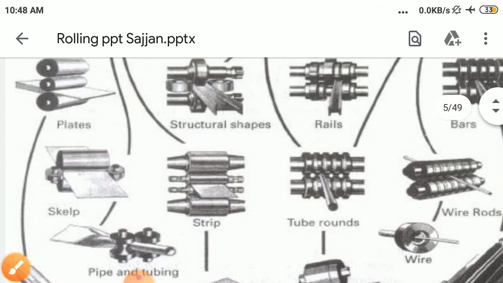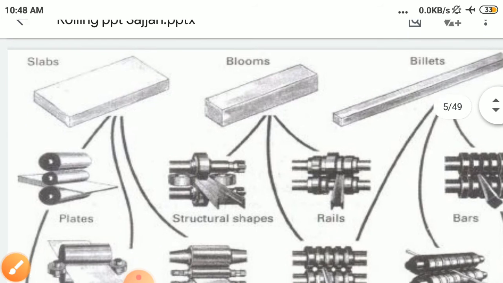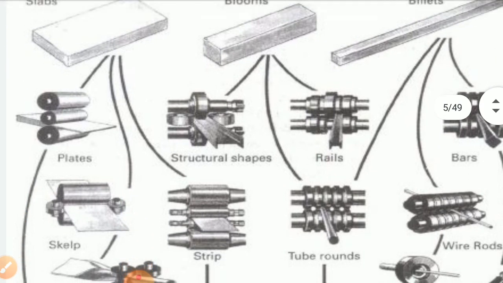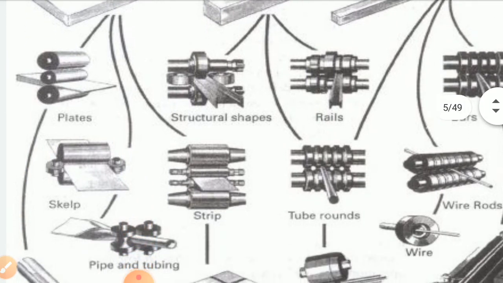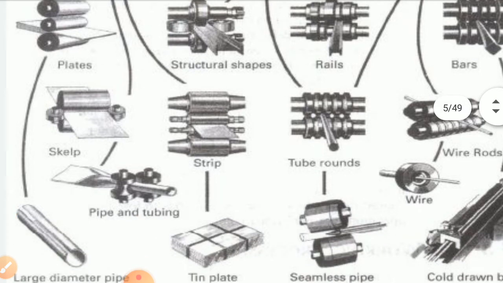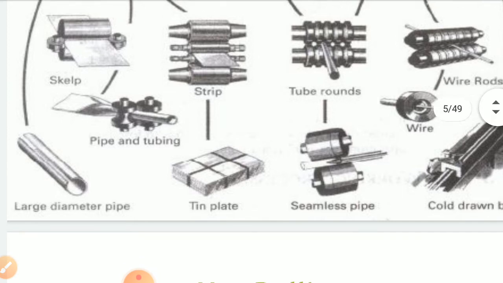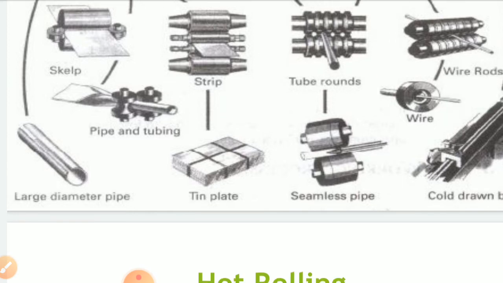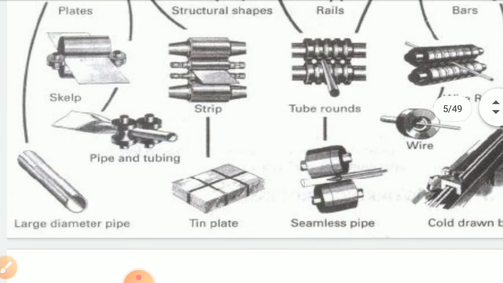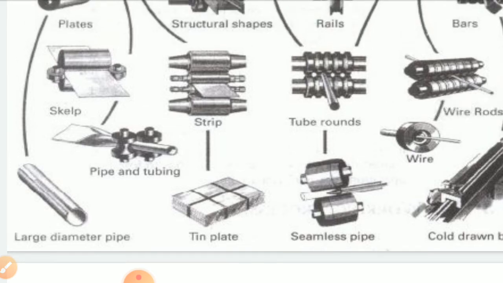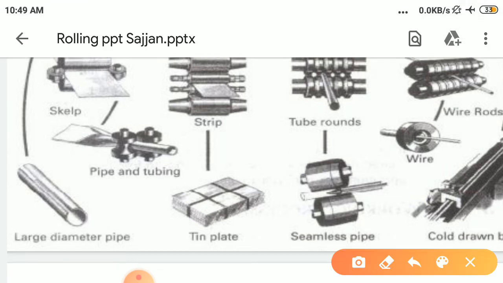And in case of blooms, you can get the rail and structural shapes and strips, tube rounds and tin plates and seamless pipes. So more or less this process and this process both are same.